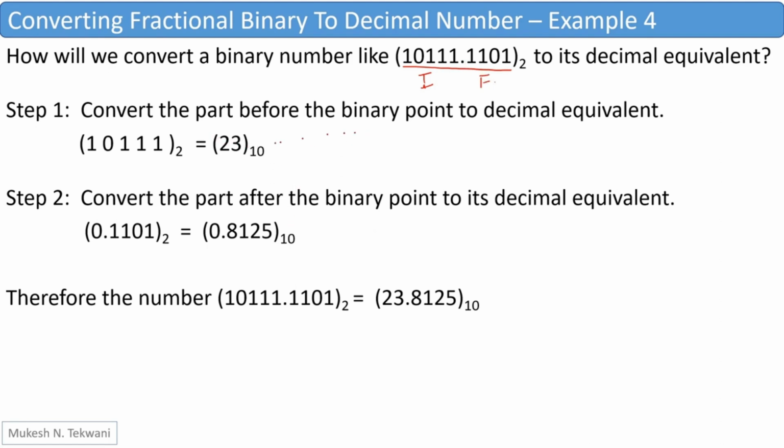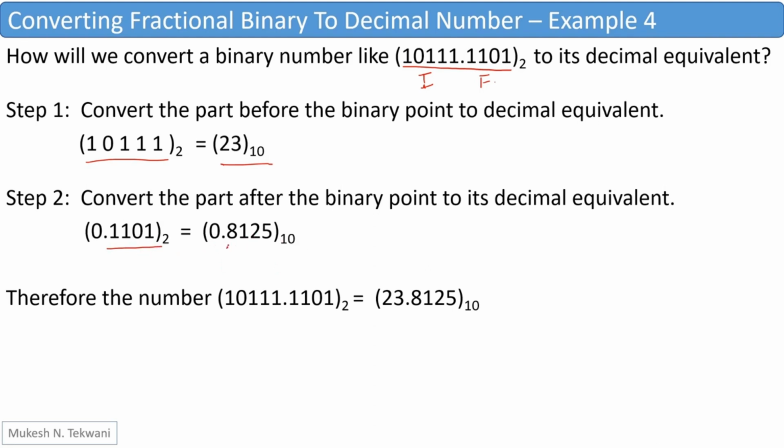To convert this type of number into its decimal equivalent, we first take the integer part, the part before the binary point, and convert it into its equivalent decimal. We already saw in the first example how to convert an integral binary number into its decimal equivalent. Then we take the fractional part 0.1101, the part after the binary point, and convert it into its equivalent decimal.